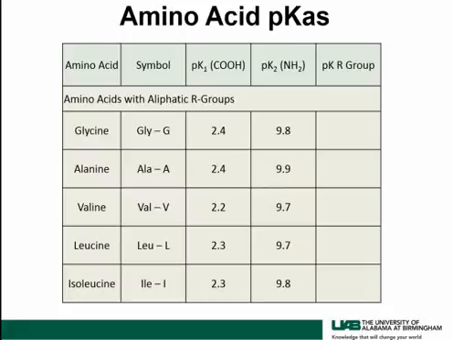More specifically, the pKa is the pH at which the amount of base and the amount of acid form of an amino acid concerning a specific group are at 50%.